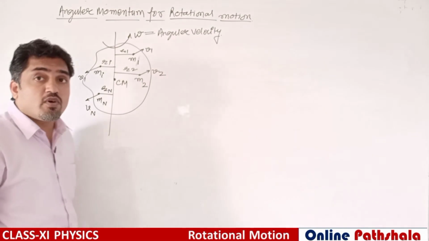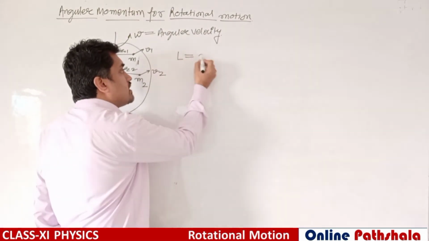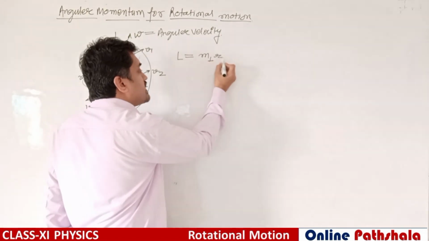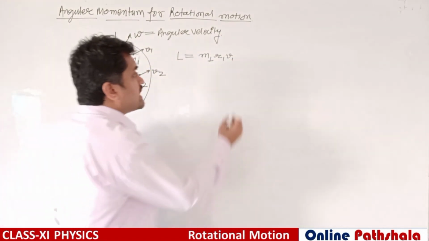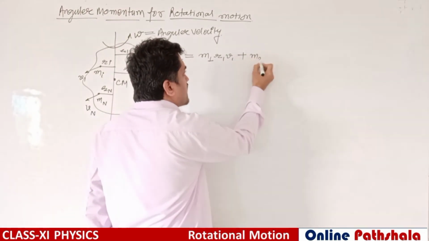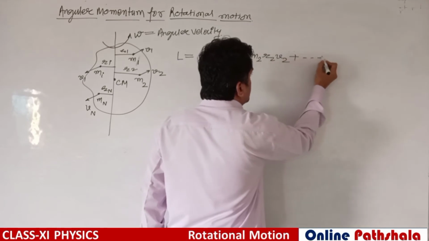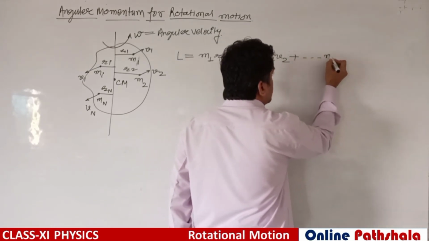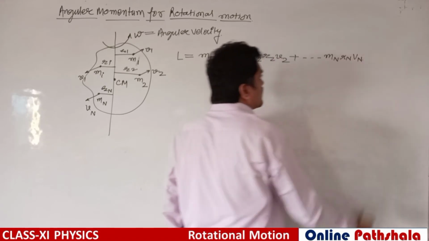So the total angular momentum L is the momentum of the first, m1 r1 v1, plus the momentum of the second, m2 r2 v2, plus up to the momentum of the nth particle, mn rn vn.